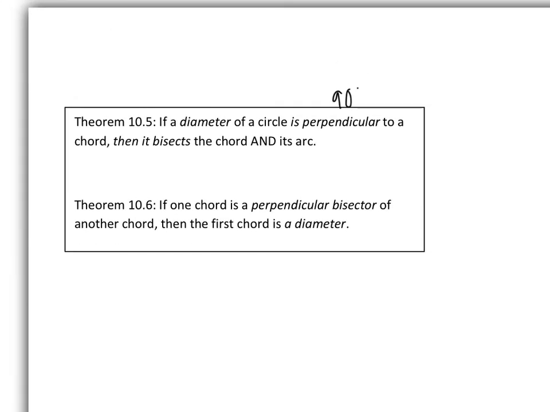Conversely, the next theorem states that if one chord is a perpendicular bisector, so perpendicular means 90 degrees, and bisects means that it cuts it in half, so if it's a perpendicular bisector of another chord, then the first chord has to be a diameter.